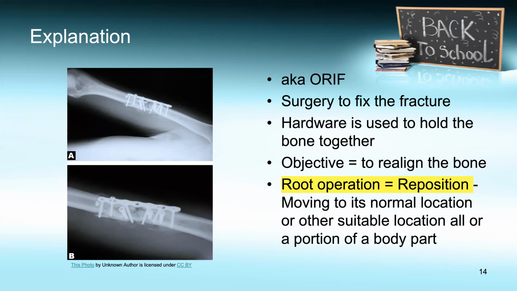So say they're doing a colonoscopy, they get in there and they find some polyps and they have to remove the polyps. So they're doing a polypectomy while they're in there. Inspection is no longer your root operation.